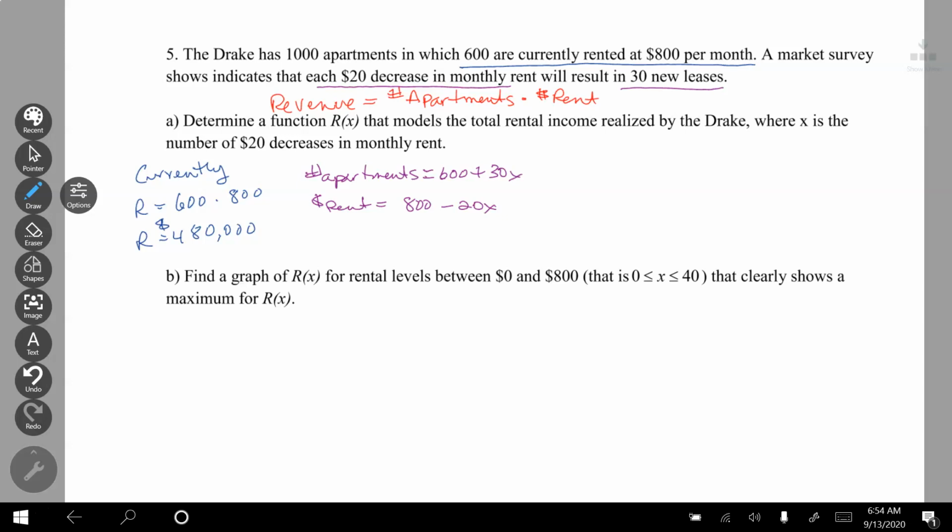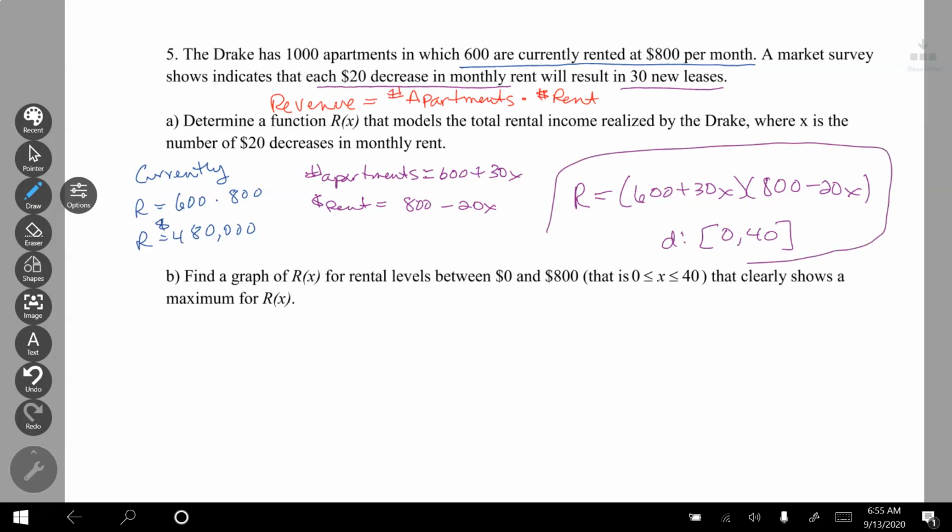So if I use my revenue as apartments times rent, my new revenue equation is 600 plus 30x times 800 minus 20x. And if you think really hard about what the domain is, the domain again is 0 through 40. I can't go bigger than x equals 40, otherwise I would be charging negative rent, which obviously will never happen.